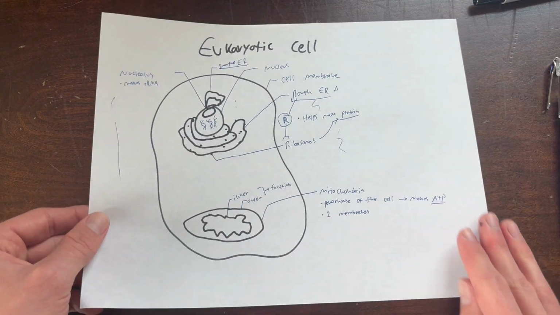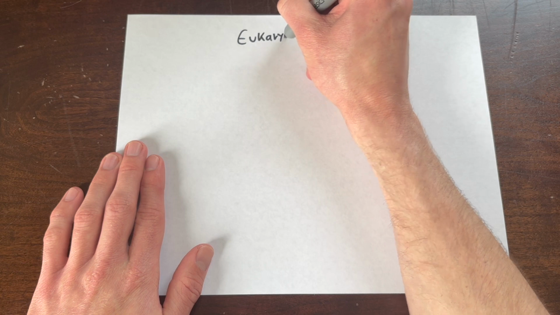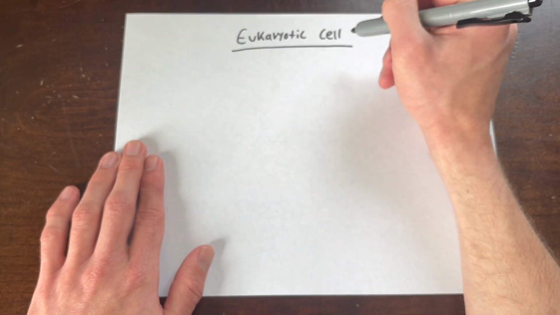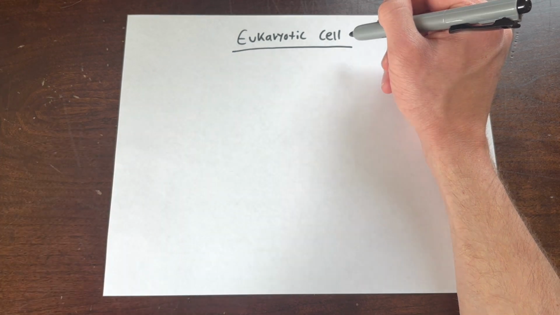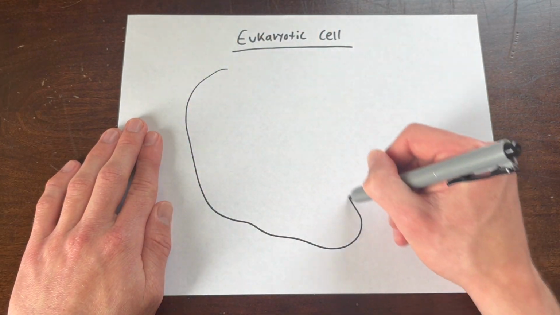Few more organelles. Okay, let me draw this cell one more time, and let me specify again. This is the eukaryotic cell. Okay, so again, cell membrane.